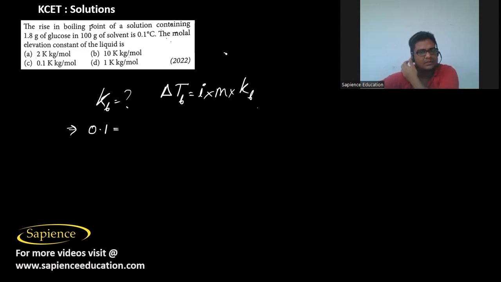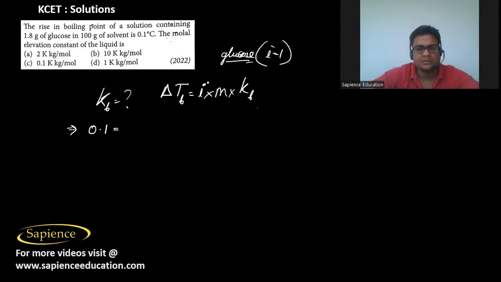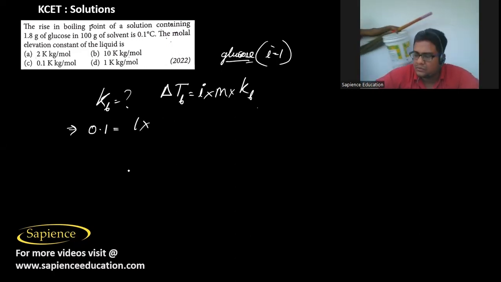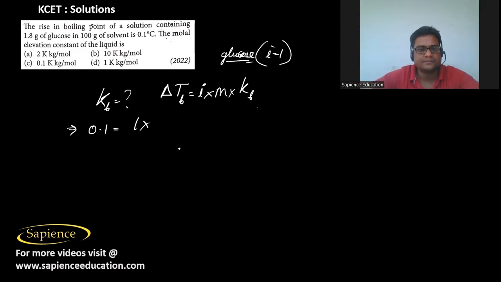And here it is told that glucose is the solute used, and since it can't form any ions, i will be equal to 1. So 0.1 will be equal to 1 into m, where m is the molality of the solution, which needs the number of moles of glucose.